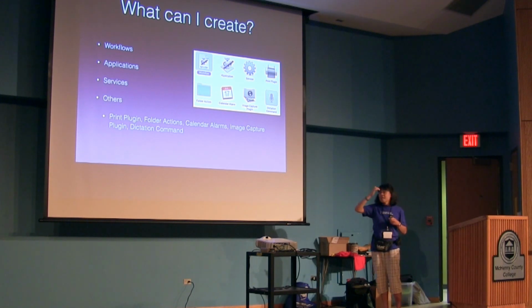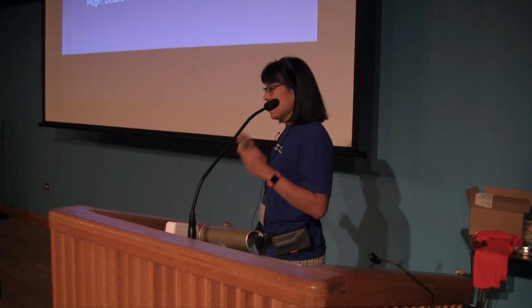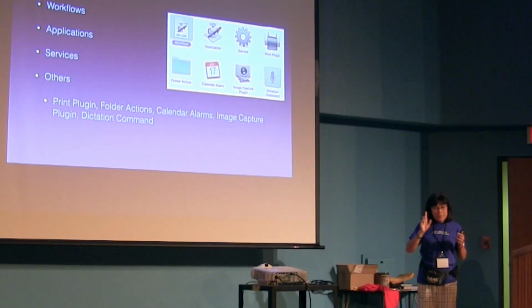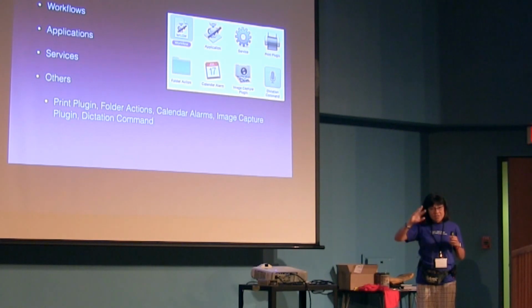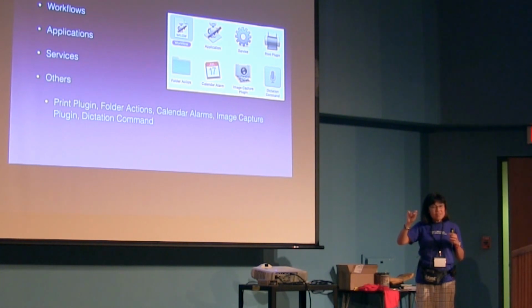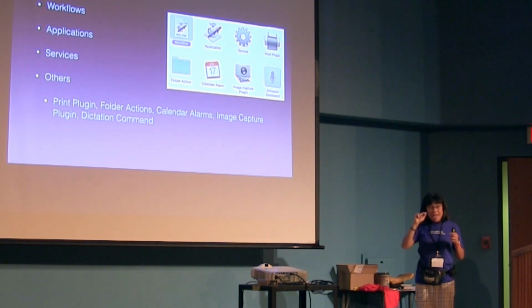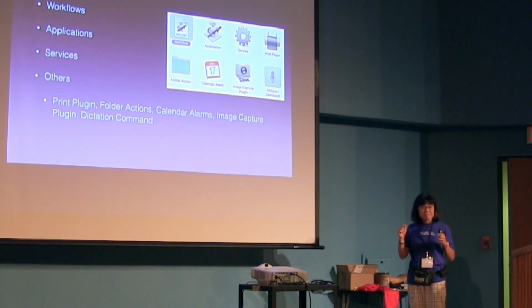A service. This is pretty cool. Think about it: you've selected several files in the Finder, you right-click, and somewhere near the bottom you see a little menu item called Services. You can make Automator actions that live in Services and act on the files you've selected.